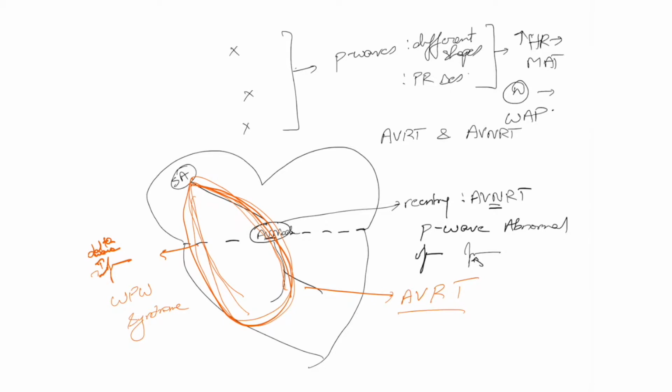If the impulse is getting conducted in this fashion, so if it goes like so, the impulse is going through the AV node, and so you would end up with a narrow QRS complex. But on the other hand, if the impulse were going the other way, so let's say the impulse is going through the accessory pathway and back through the AV node, you would have a wide QRS complex.